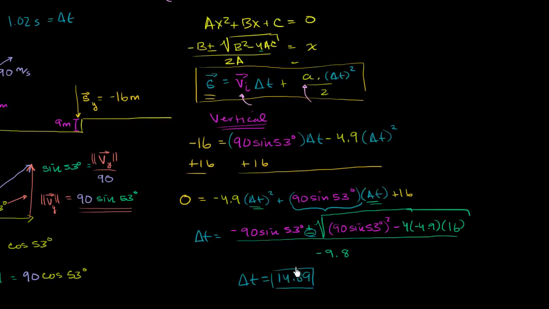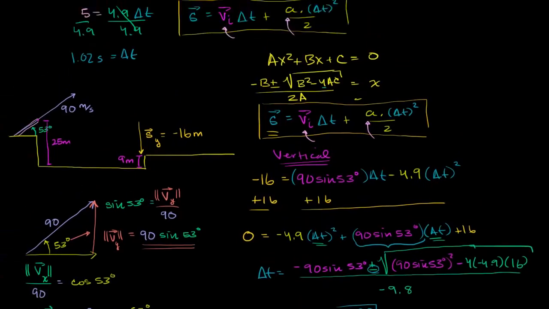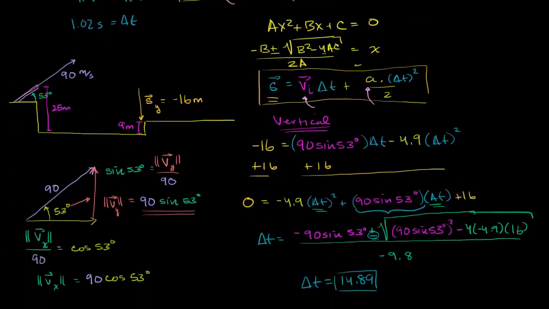I'm going to leave you there in the next part of the video. Actually, I might as well just solve it instead of making a new video, although this is running long. So the amount of time that we're in the air is 14.89 seconds. If I were to ask you the horizontal displacement, it's going to be the amount of time we're in the air times your constant horizontal velocity. And we already figured out our constant horizontal velocity.